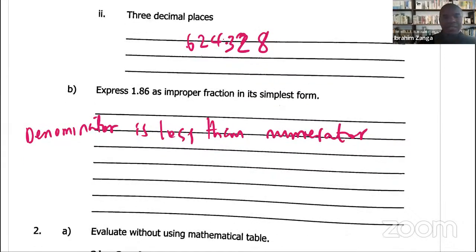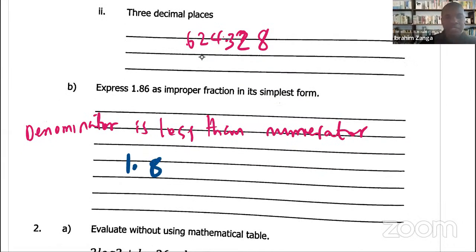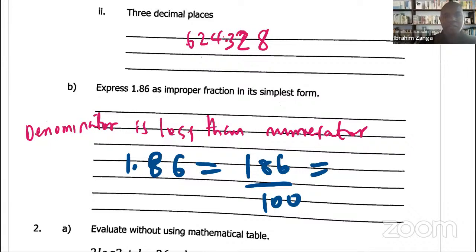And for our case, 1.86 will be 1.860 over 100. You're going to simplify. When you simplify here, dear students, by 2, let us check. By 2, it will be 93 over 50. And that is our final improper fraction, dear students.